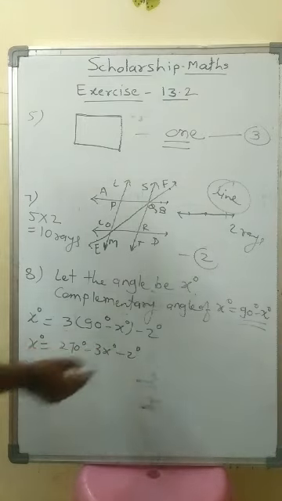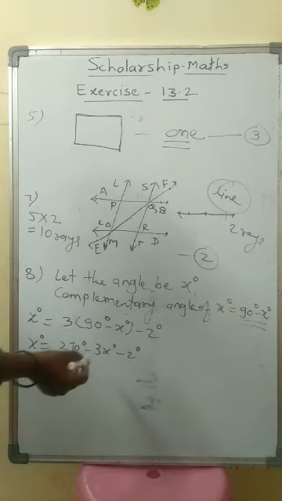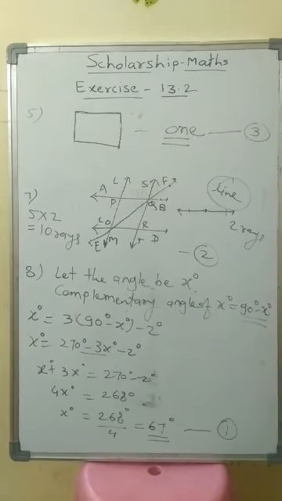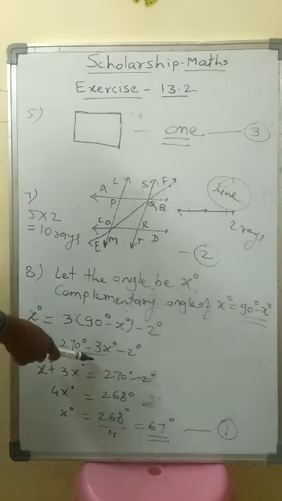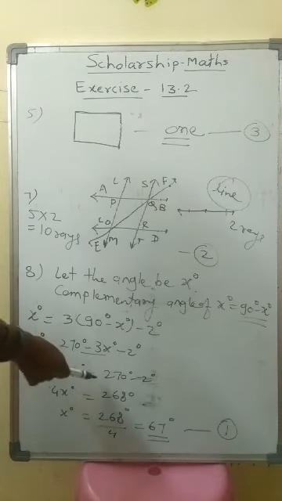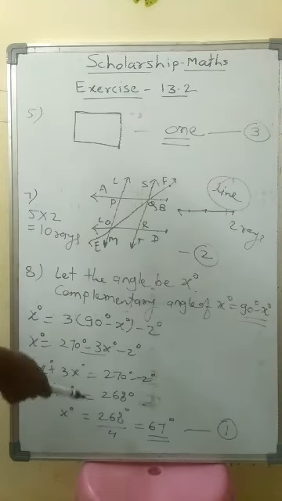Okay, 270 minus 2, what do you get? Change the side of this negative 3x, and solve it. So now change the side of minus 3x degree; it changes sign also. And 270 minus 2 degree is 268 degree, x plus 3x is 4x.